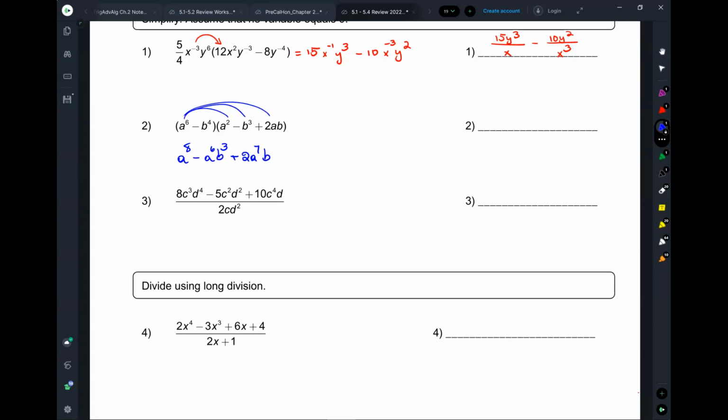And then we do the same thing with the b here. But now we're going to distribute negative b to the 4. So it's going to be negative a squared b to the 4, positive b to the 7, negative 2ab to the 5. Are there any terms that we can combine? No. So the whole thing goes in the answer space.